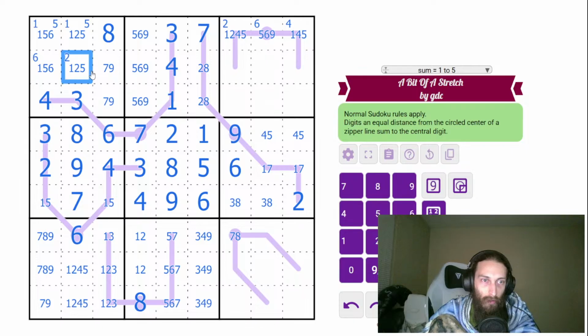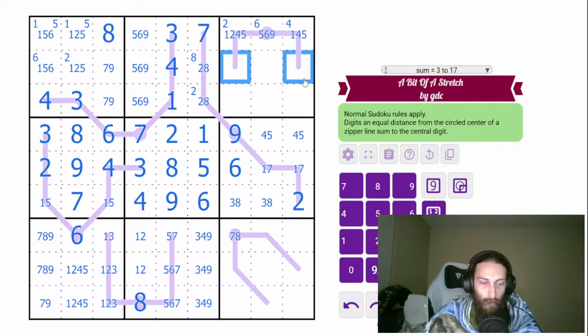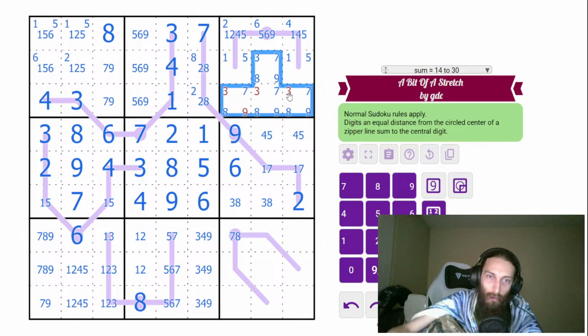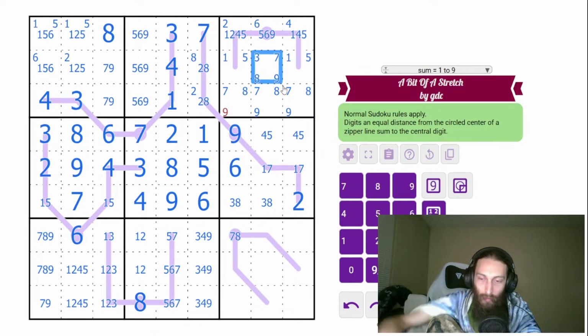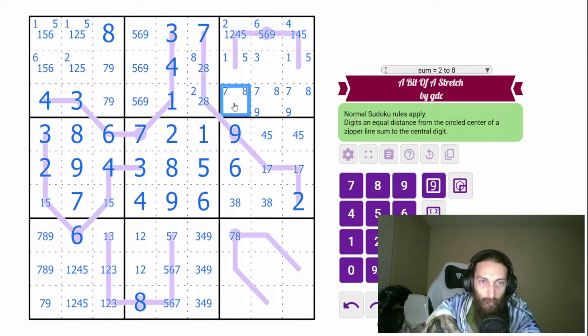So that would be 6 and 2. 8 2. This would have to be 1 and 5. 3, 7, 8, 9. None of these are 3, so this one is not a 9. But if that's 7, 8, 9, that's broken.